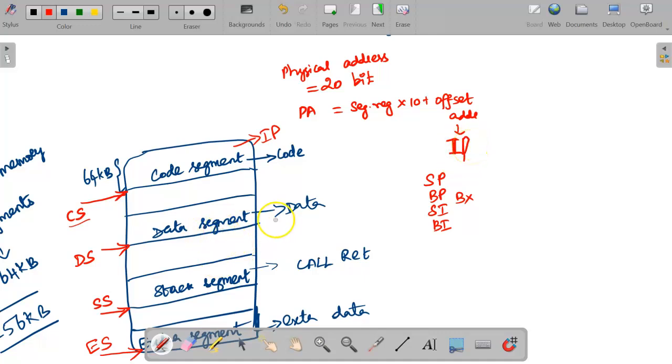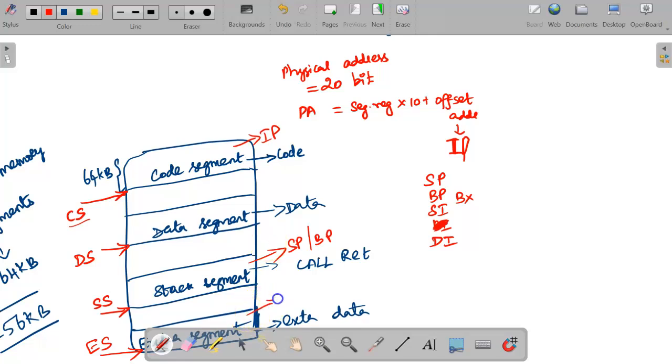Similarly for the data segment, I can use any of the registers: SP, BP, SI. Here it is not BI, it is DI. SP, BP, SI, DI or BX. Any register I can use for the data segment. And then for the stack segment, particularly I can use SP or BP, the stack pointer register or base pointer register.